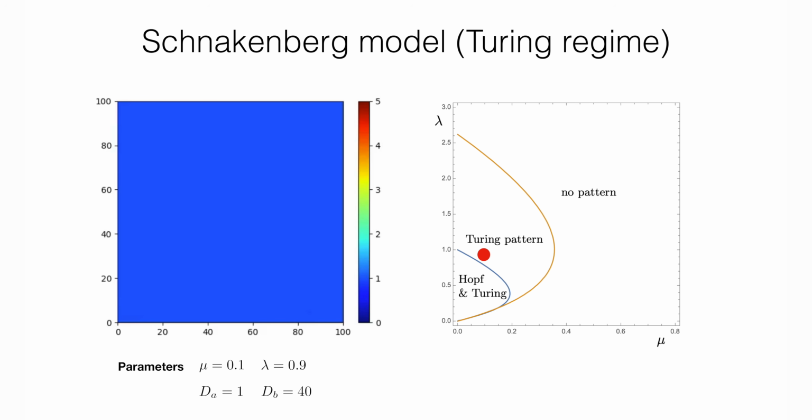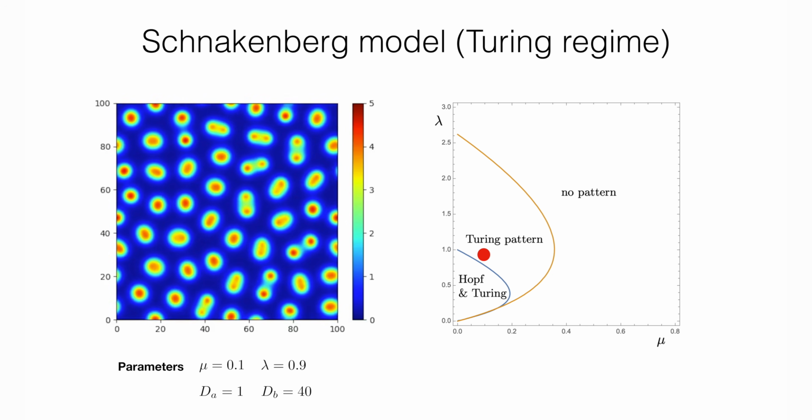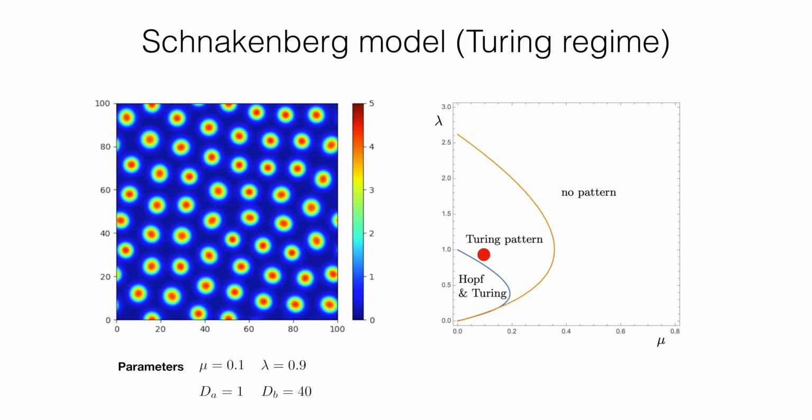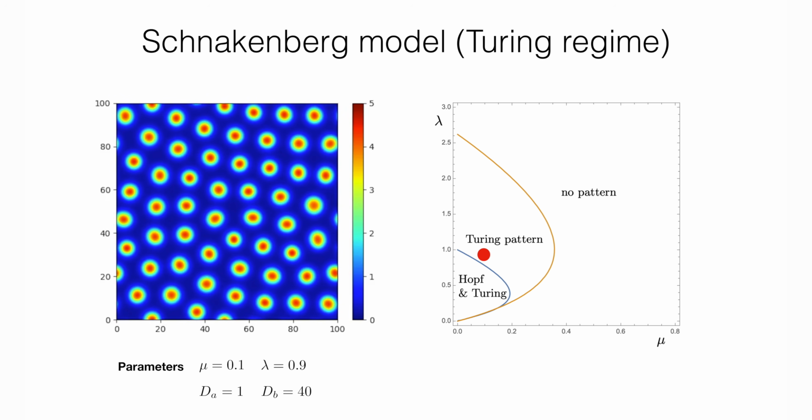So initially, I can do this slower. If I grab here, then you'll see we start from some random initial condition. Then you have some initial pattern forming. And now, as I let it go, you do have the formation of patterns.